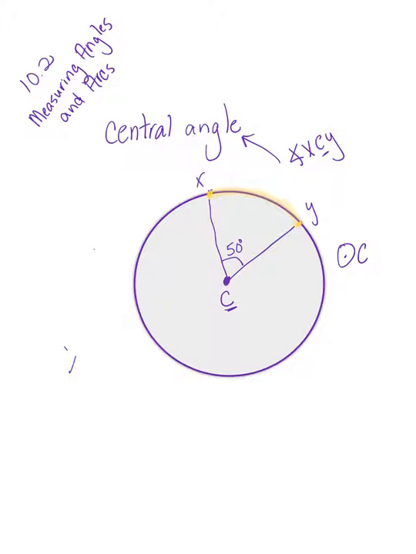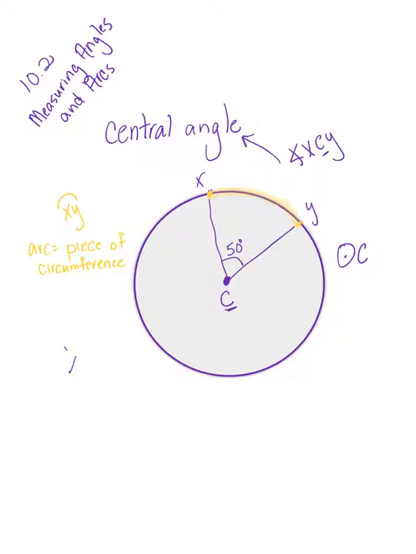So we're going to have here arc XY, a piece of the circle, or piece of circumference. And in this case, again, it's XY.